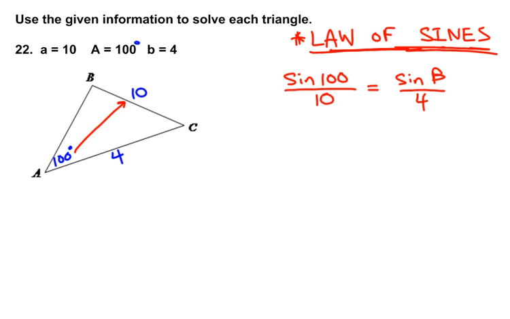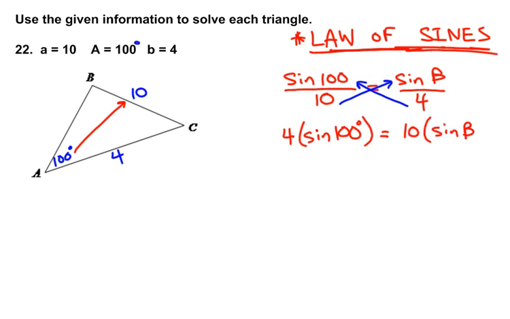So we'll multiply 4 times the sine of 100 and 10 times the sine of B. So we'll get this equation: 4 sine of 100 degrees equals 10 times the sine of B. Now, since we're trying to solve for B, we'll have to divide by 10. So we'll have 4 sine of 100 over 10 is equal to the sine of B.